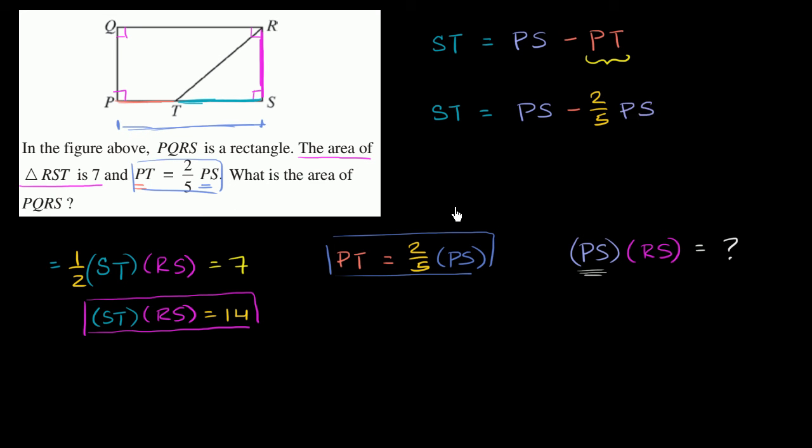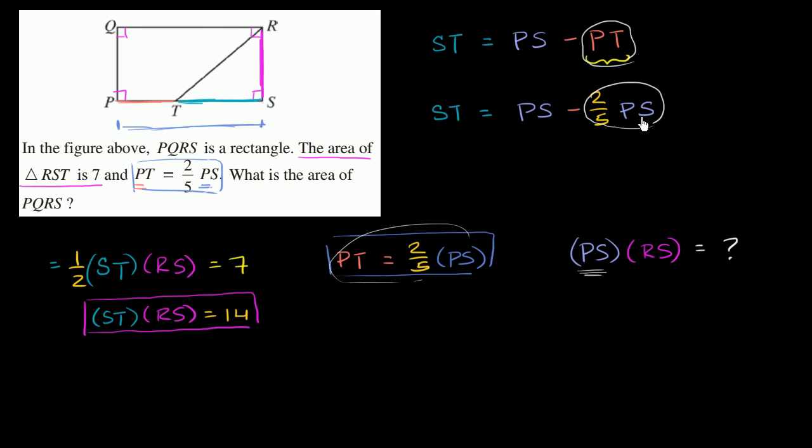And how did I do that? Well, we know that that is equivalent to that from this piece of information here. What's powerful about this is now I have ST purely in terms of PS. So if I replace ST with what I have in terms of PS, I'm going to have some product of PS and RS that I can solve for. But before I do that, let's simplify this a little bit.